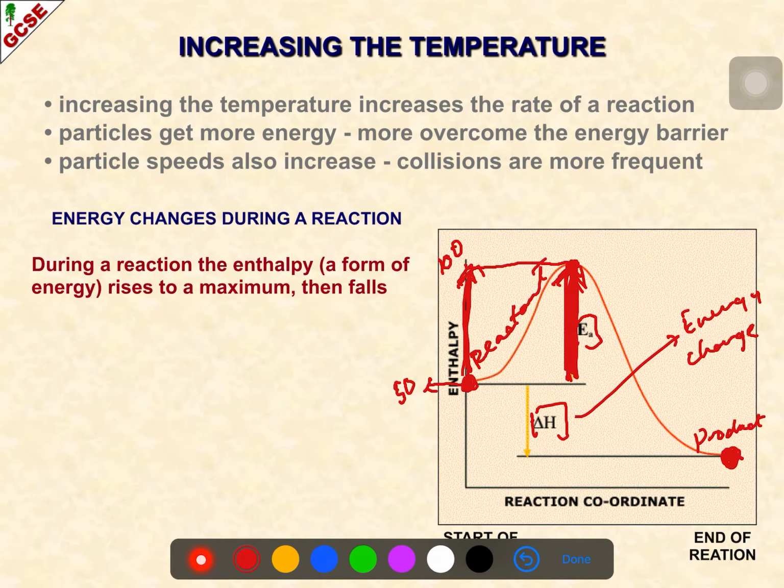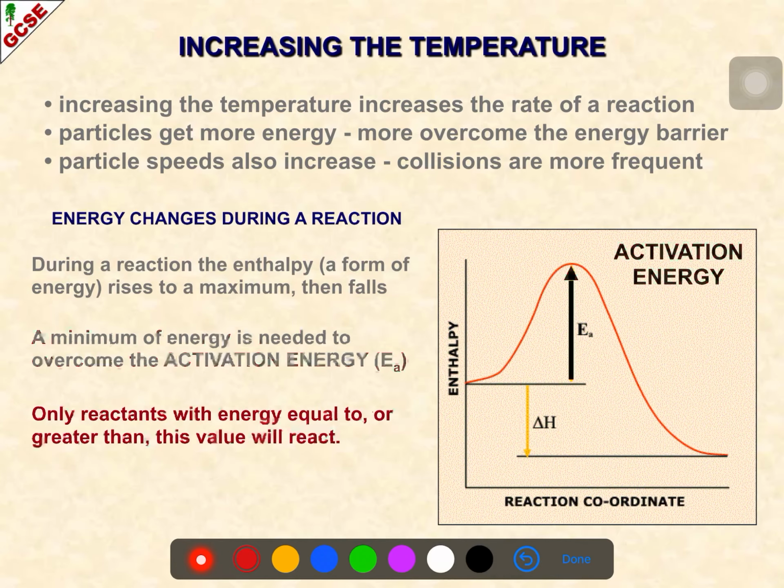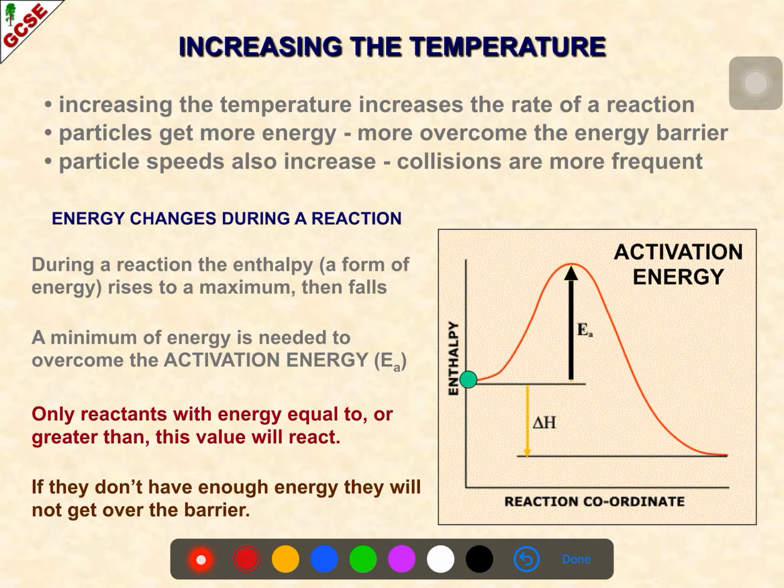So during a reaction, the enthalpy, a form of energy, rises to a maximum then falls. Okay, a minimum of energy is needed to overcome the activation energy. So here a minimum energy is needed to overcome the activation energy. Only reactants with energy equal to or greater than this value will react.